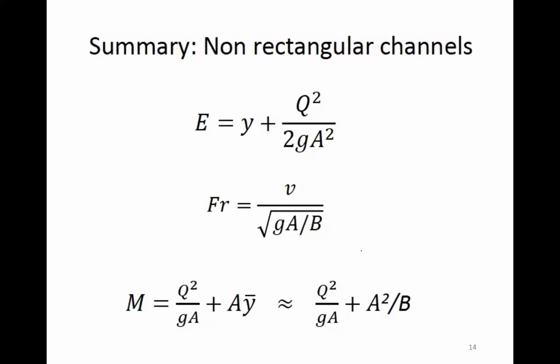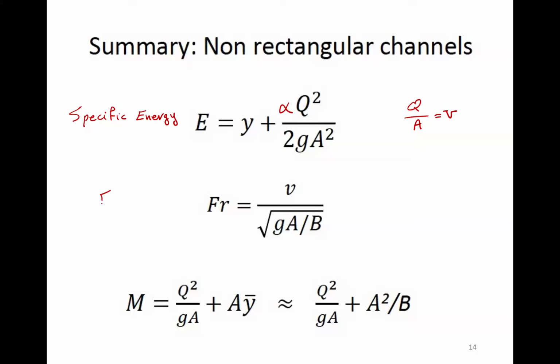Okay, so let's summarize. So we have the specific momentum equation, specific energy equation. I'm going to write it here. Specific energy. That's the equation we have. Just keep in mind that we're going to add a correction to the velocity term by adding alpha. Discharge divided by A is the average velocity, obviously.